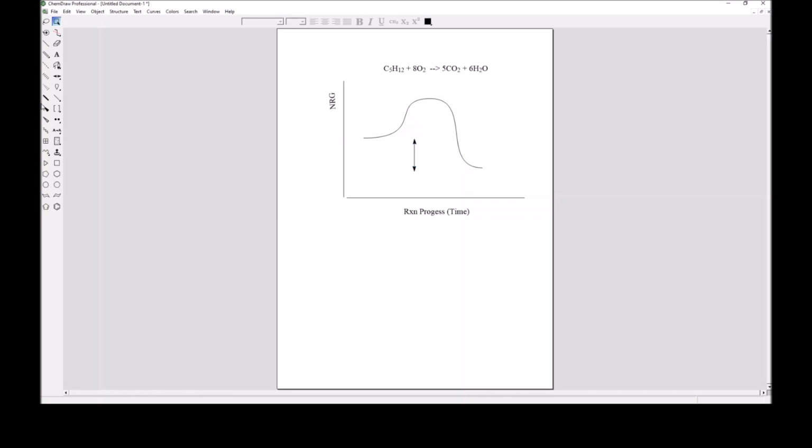And so this energy change is the difference between the amount of energy we started with. So I'll just draw a horizontal line here to show you that there is some energy starting point and then there's some energy finish point. And the delta H associated with this reaction is the difference between where we started and where we finished.